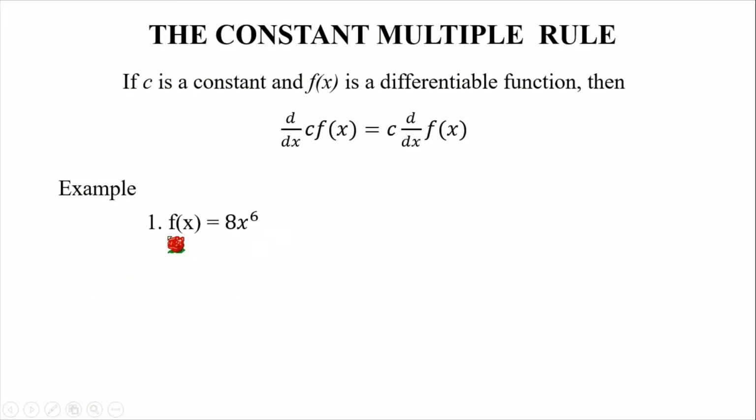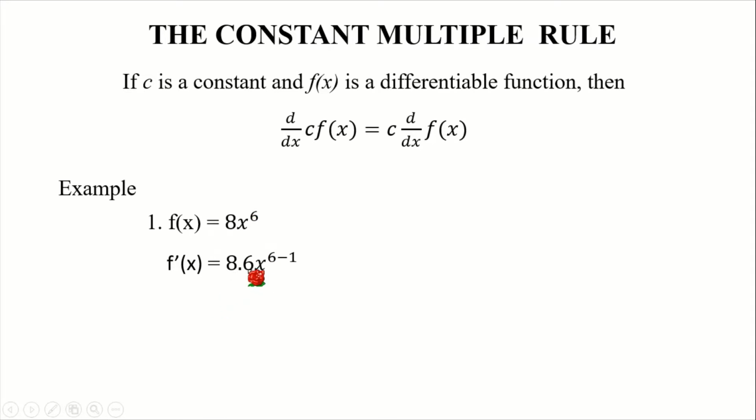So, for example, we have f of x is equal to 8x raised to the 6th power. Ibig sabihin dito kay constant multiple rule, so all we have to do is to bring down the power again. So, parang sa power rule lang din siya. Ang kaibahan nun is yung multiply na natin dito. Okay? So, we have here 8 times 6. So, all we have to do first is i-bring down natin si 6 or yung power.